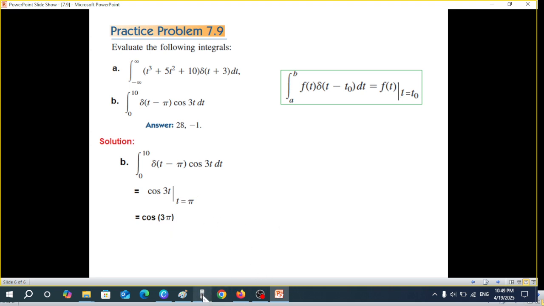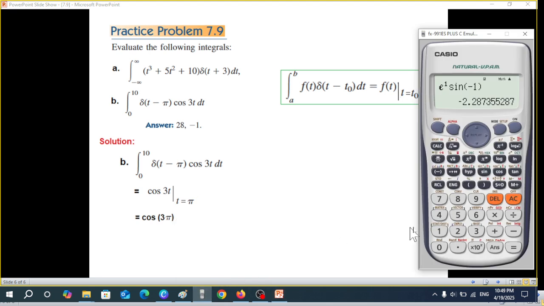Again, you can use your calculator to find cos 3 pi: 3 shift pi, bracket close, is -1. So -1 is the answer.